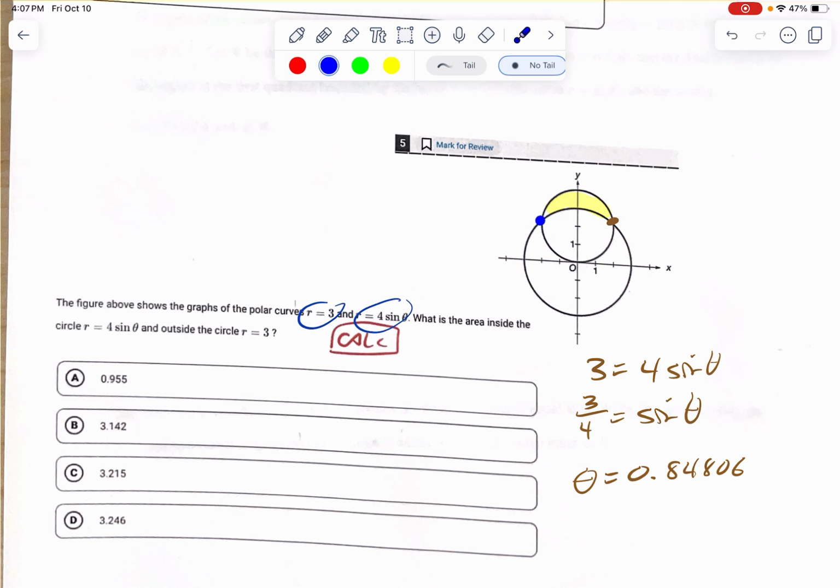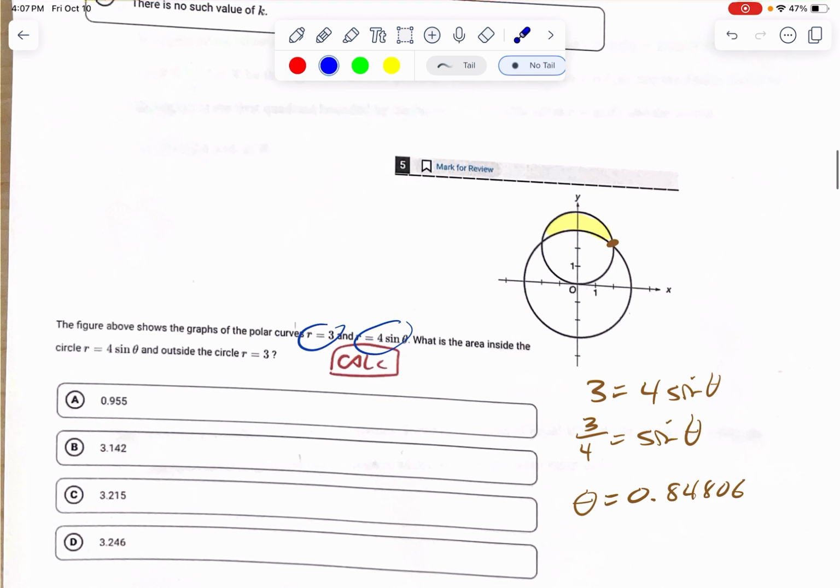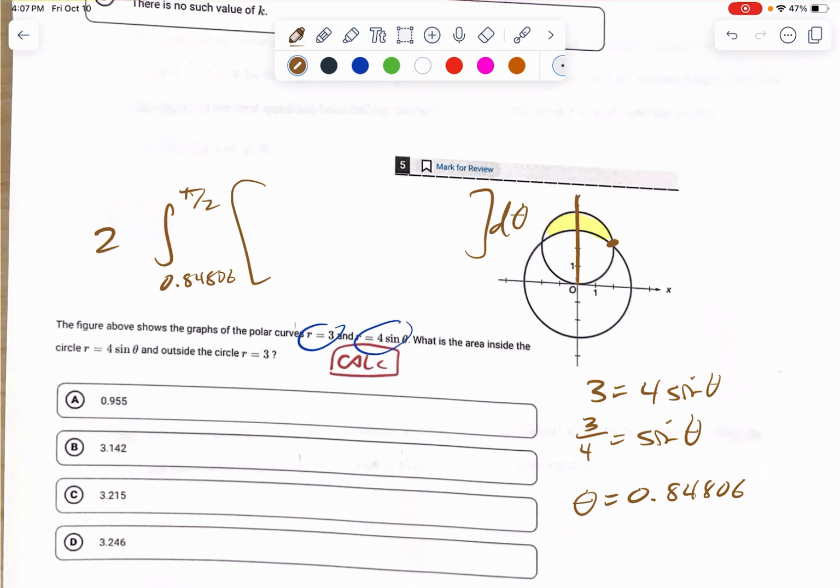You can subtract from pi. What I'm going to do instead is, since I know that this midline is at pi over 2, I'm just going to do it from 0.84806 to pi over 2 and double my answer. So polar area, this would be 1/2 times the outer one squared minus 1/2 times the inner one squared.